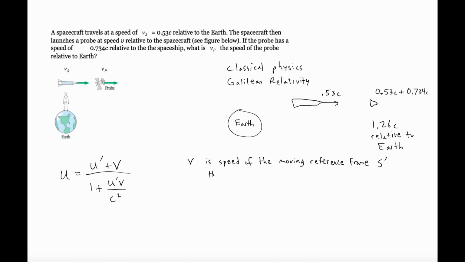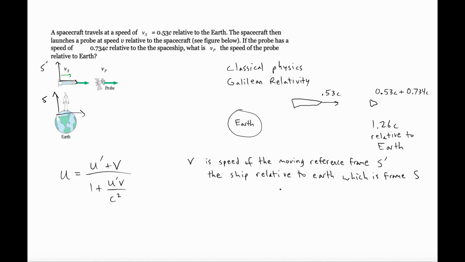That would be the ship relative to Earth, which is frame S. So see, Earth is a stationary frame, not moving. But we have the frame of the ship, which is moving. So I'll call that S prime. All right, so that's v.